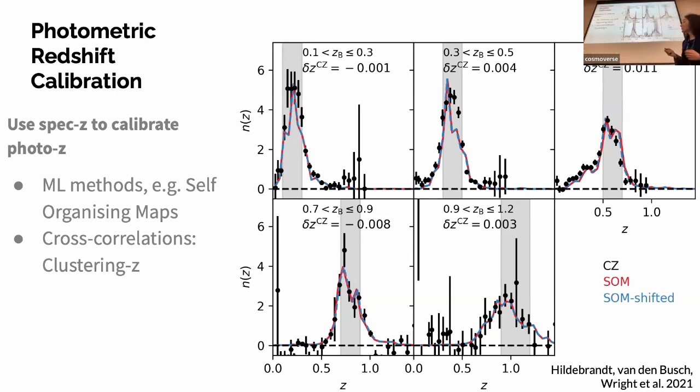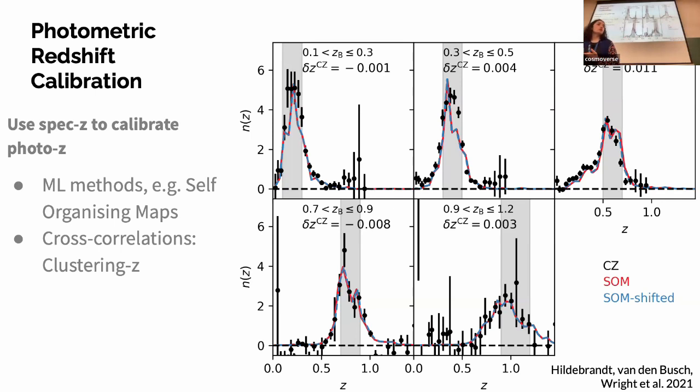So what normally people do is use some spectroscopic sample for which you know the redshift, but it's a subsample of your full sample that you have photometric redshifts for. And you use the spectroscopic redshifts to calibrate your photometric redshift. For example, here 2 methods have been used. One is called self-organizing maps.